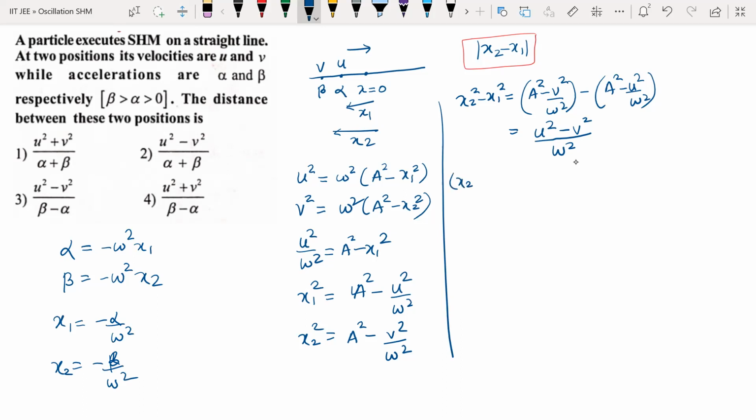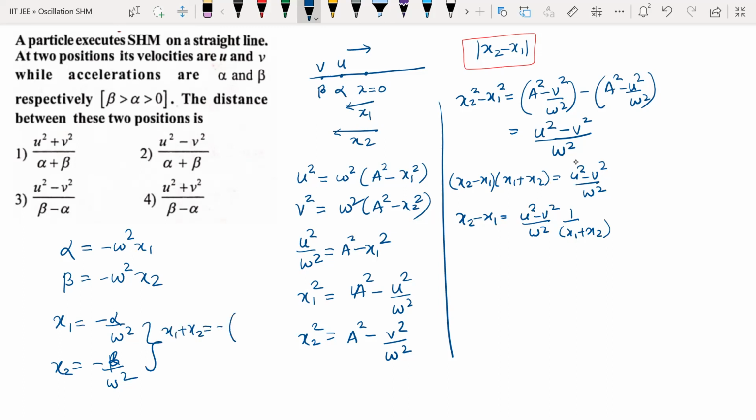That will be x2 minus x1 into x1 plus x2 equal to u square minus v square upon omega square. So x2 minus x1 equals u square minus v square upon omega square, times 1 upon x1 plus x2. From here we can calculate the value of x1 plus x2. That will be minus of alpha plus beta upon omega square, right?